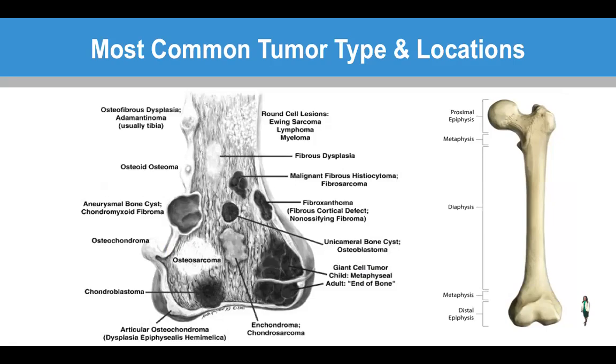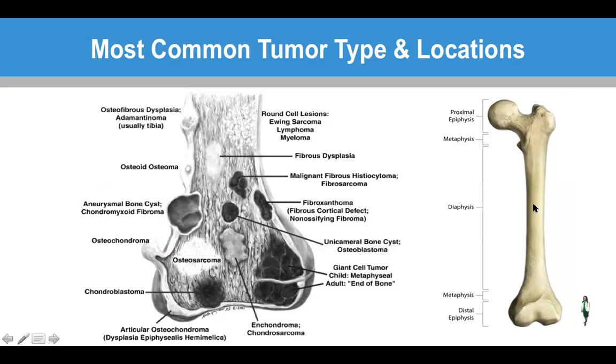So let's review the normal anatomy of bone. This is a long bone. This is the proximal epiphysis area, this is the metaphysis area, this is the diaphysis, and this is the distal metaphysis and epiphysis. What we're looking at here is the cortex and the medullary cavity.